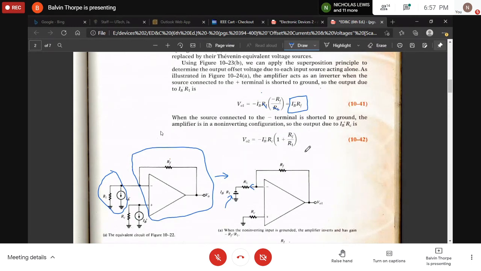A question for you though. Why do we have a minus here, because we have a minus in the gain already? Because we're considering the direction that the current is moving. We're assuming the current is going in this direction, and likewise for this one.